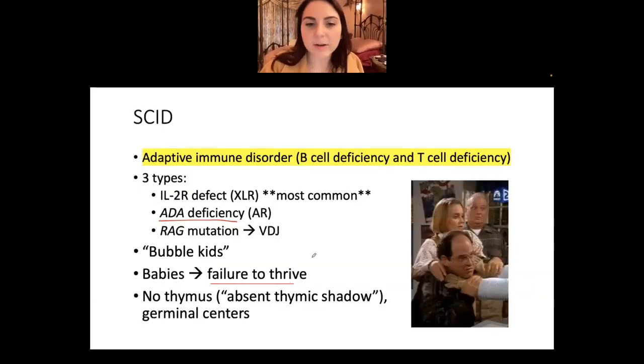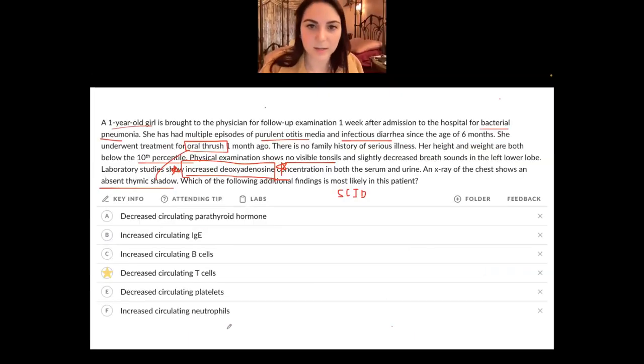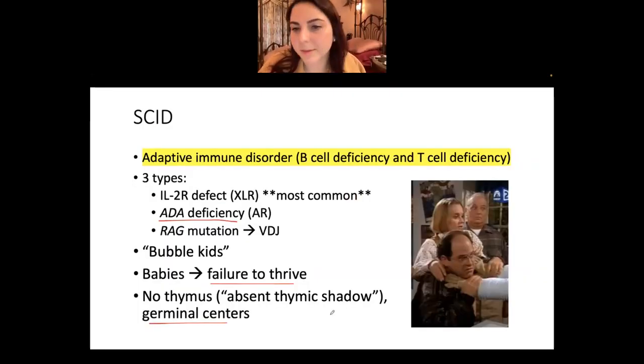It's not always failure to thrive, but it has you thinking about that. And then no thymus, no germinal centers, which would present as no lymph nodes, but also if they have no paracortex, that would also present as no lymph nodes, no visible tonsils. This doesn't really help you, since you don't know if this is germinal centers or paracortex, but it's both in this. And then the thymic shadow for T cells.